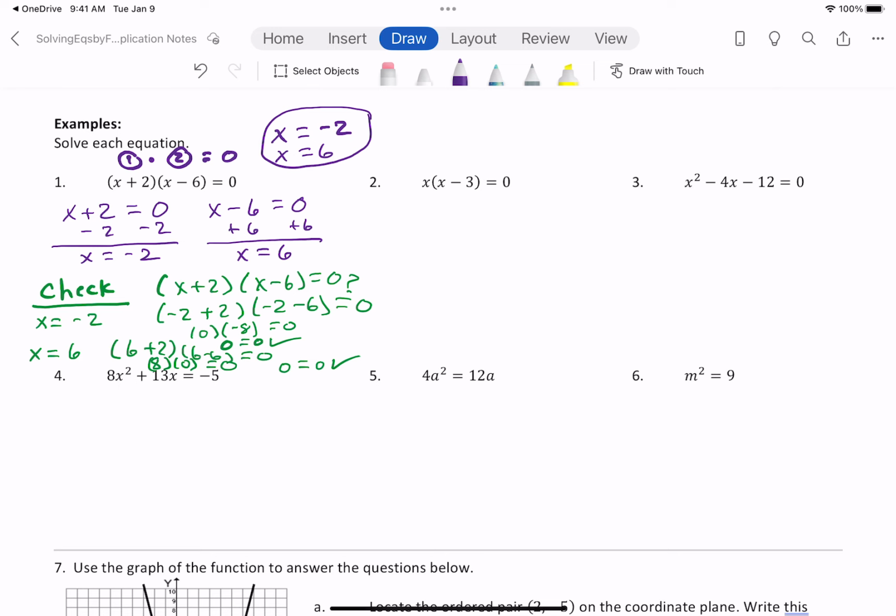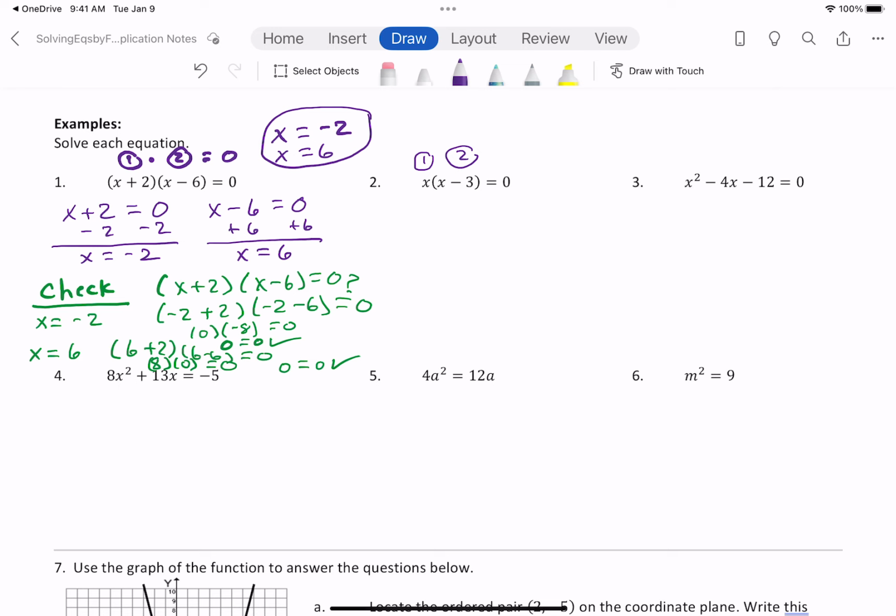So if we look at the second problem, it's kind of similar. We already have this into its factors, something times something else equals 0. So this time the first factor is x and the second factor is x minus 3.